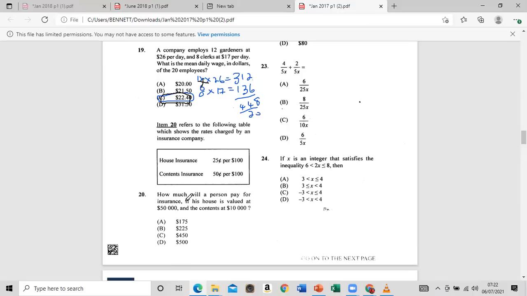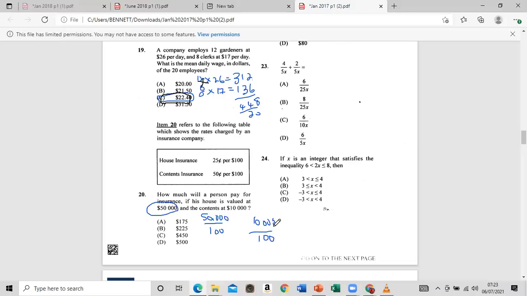So house, that'd be 50,000 divided by 100, and similarly 10,000 divided by 100.